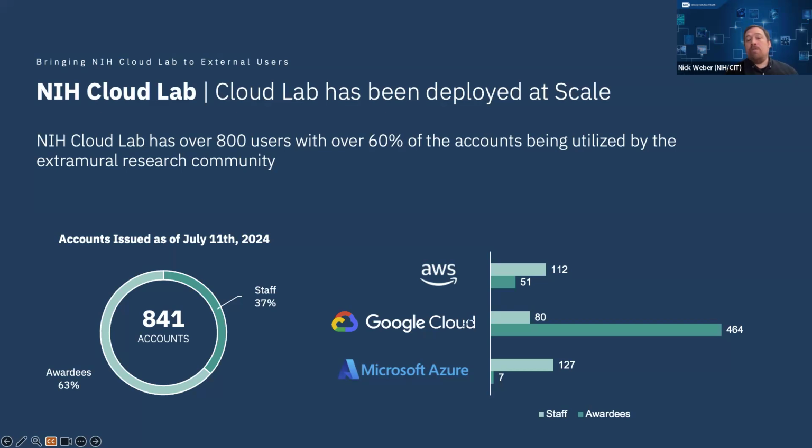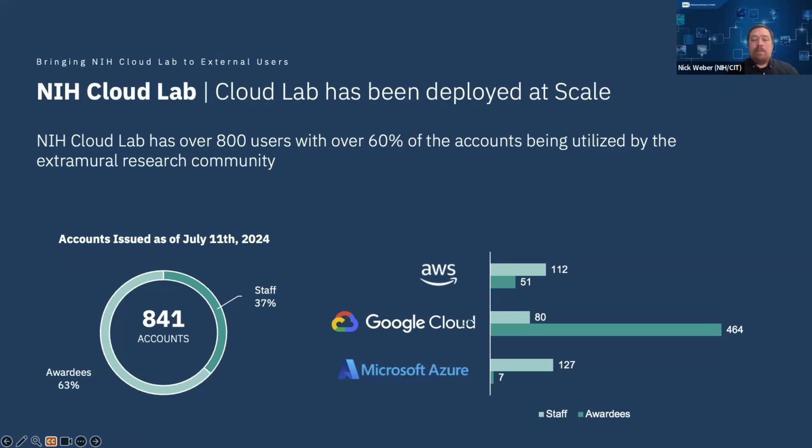The challenge in organizations is often, well, we don't want to have our data and our prompts out there on public models training those models, or having our data exposed. And so one of the benefits of Cloud Lab that we've also seen is this is inside of our network, our boundaries. We have all the settings so the data don't go back into any of the models or services.